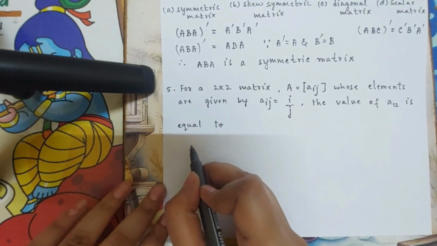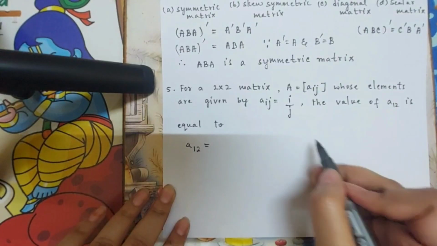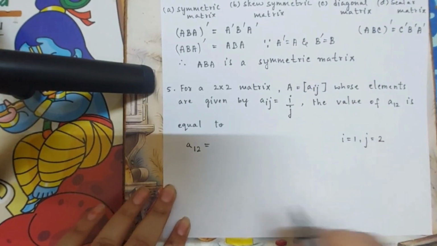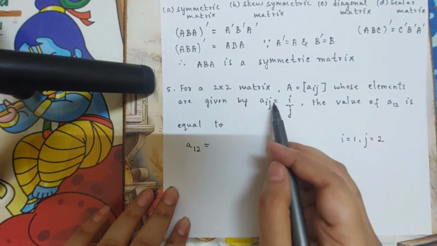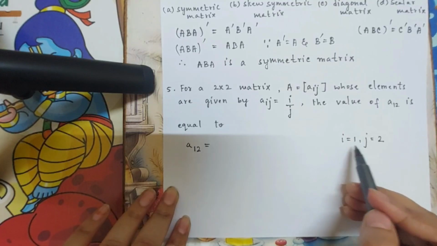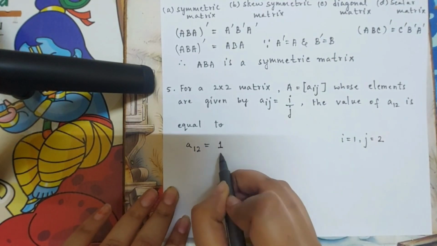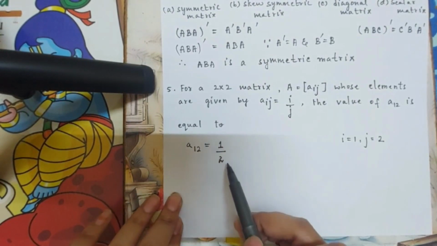So if I want to find the value of A12, I'll replace i with 1 and j with 2. Here they have already given us Aij is i divided by j. So if I consider i as 1 and j as 2, I can write this as 1 divided by 2. So the value of A12 is 1 divided by 2.